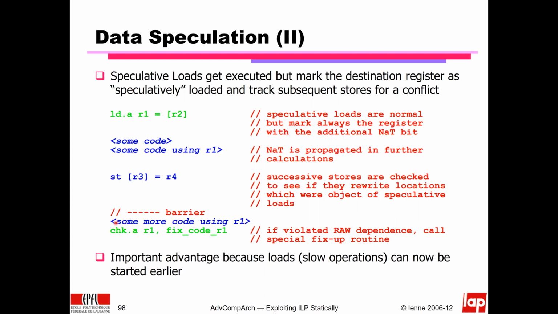At any point after the store, I do this check on R1. And what is this? This is a bit more complicated, but let's come to this in a second. If the check fails, I go into fix-up code. What the check failing means is that there has been a collision between R2 and R3.